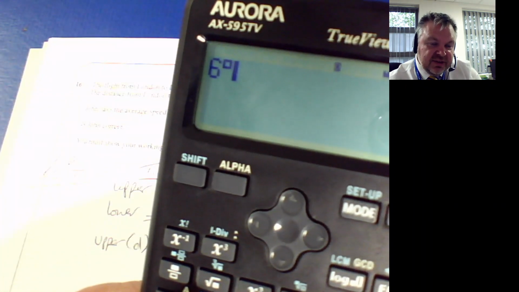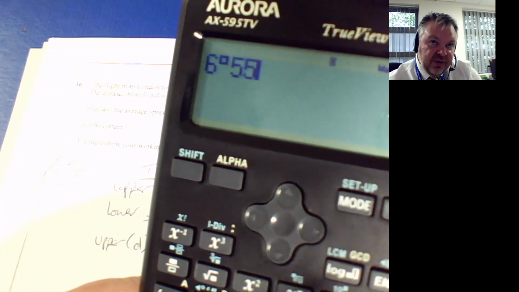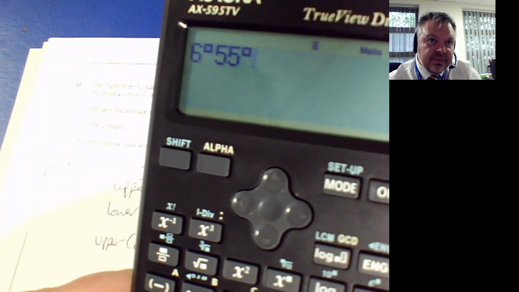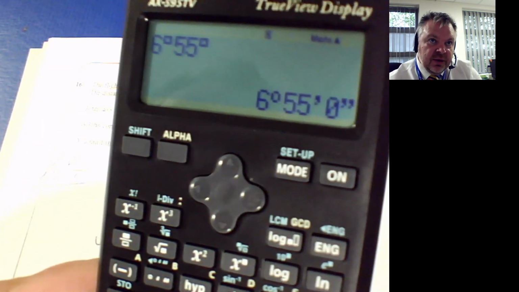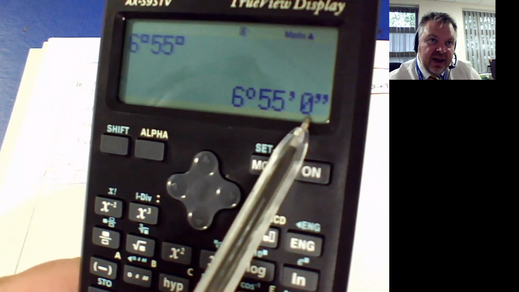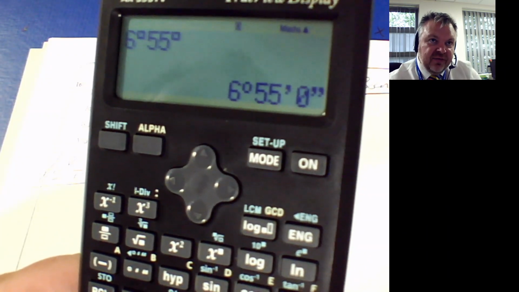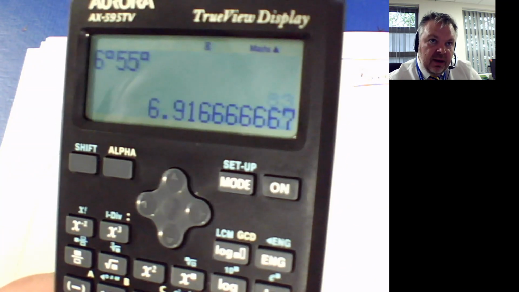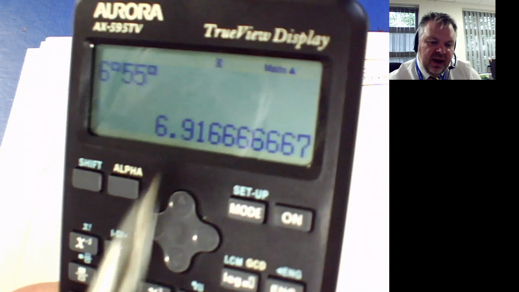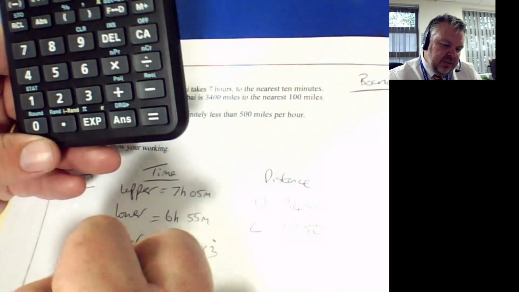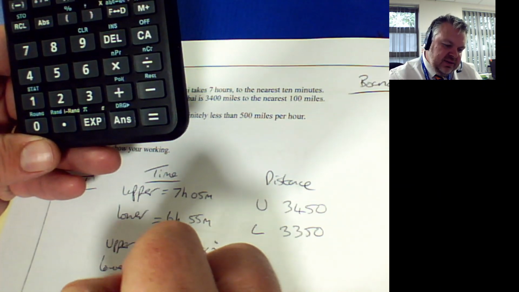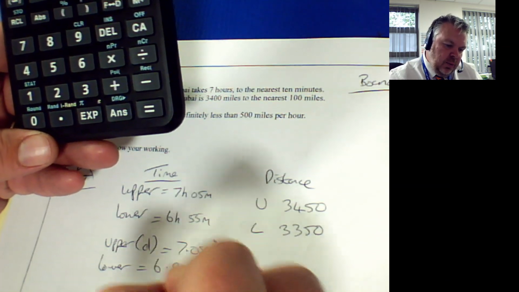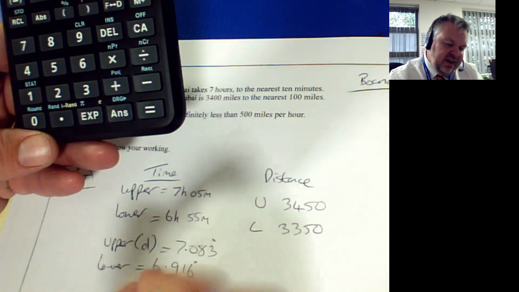So 6 hours 55, press the button again, minutes equals 6 hours 55, no seconds to start with. Press your FD button or your SD button, depends what you've got, and again we've now got 6.916 recurring. So my lower is 6.916 recurring, again as a decimal.